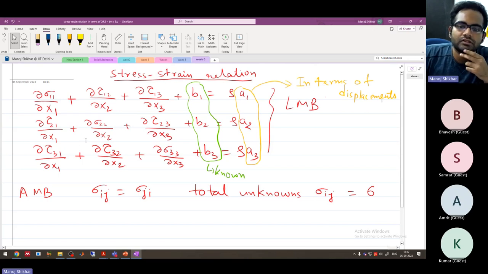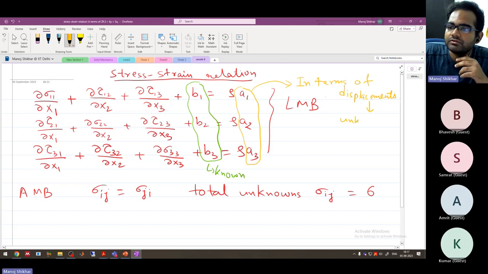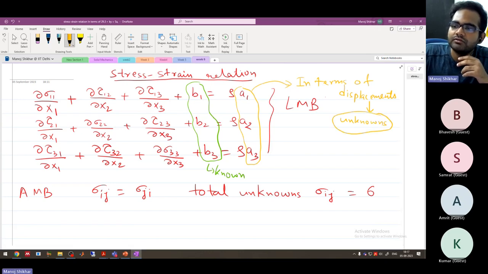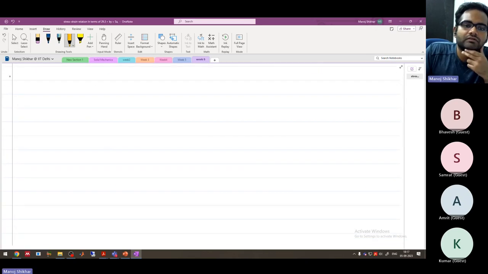So we have 6 unknowns from the sigma matrix, and we have 3 unknowns. Displacements are unknown too. So these are unknowns. So we have a total of 9 unknowns, and we have only 3 equations.